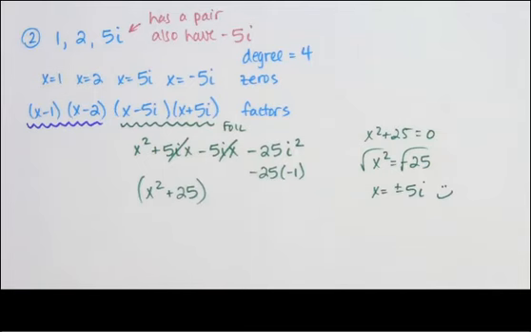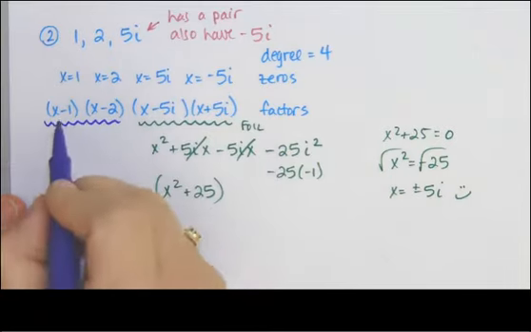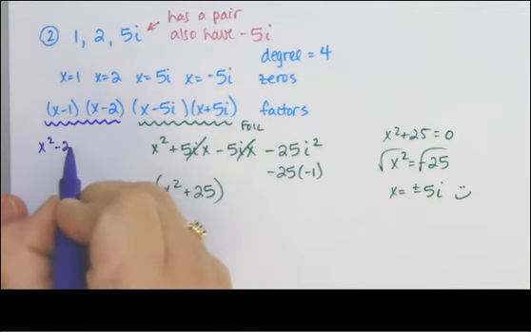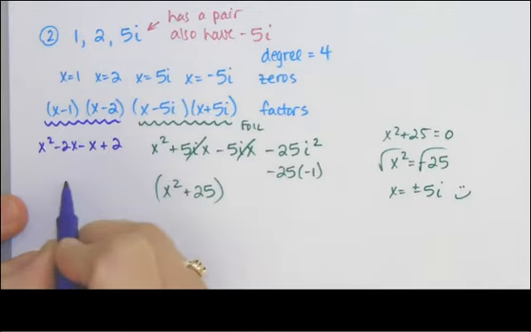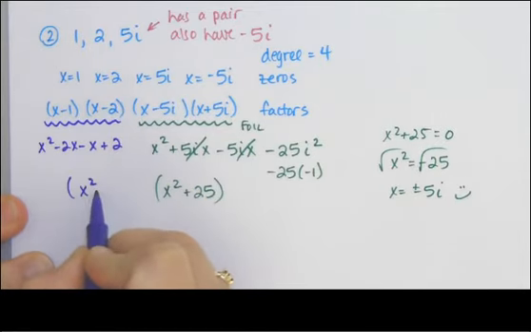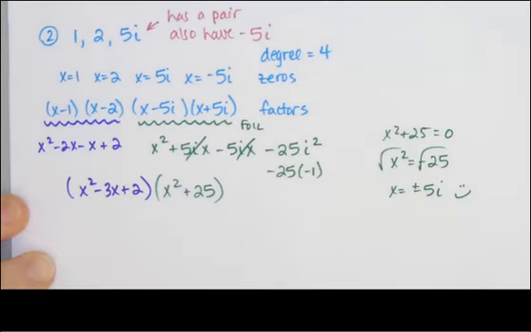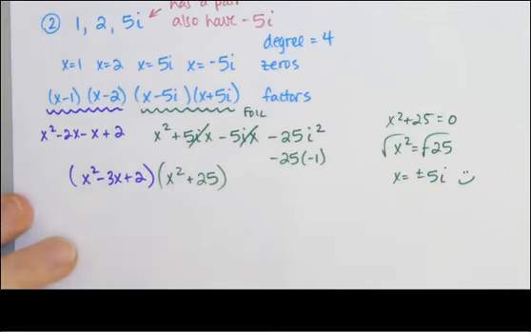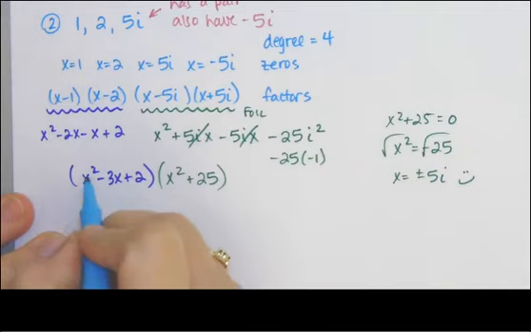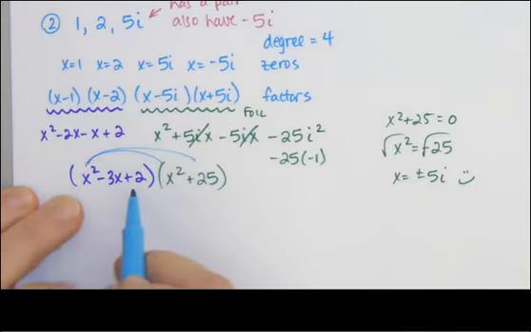All right, now let's foil our real zeros here. I've got x squared minus 2x minus 1x plus 2. When I put that together, I get x squared minus 3x plus 2. Now I need to foil these together so that I can get my 4th degree polynomial. So again, I'm going to take everything in the first trinomial and multiply it by both of these.